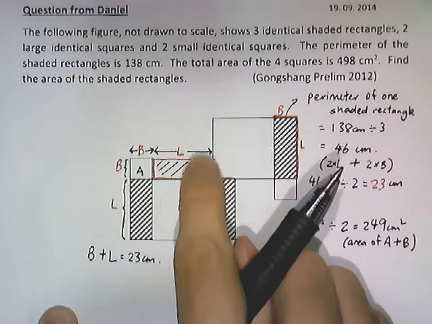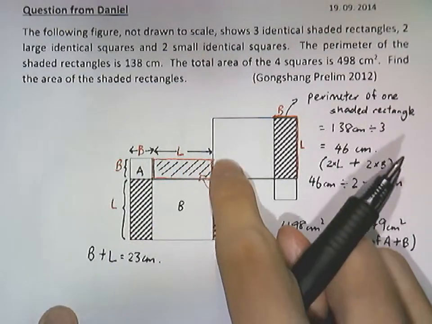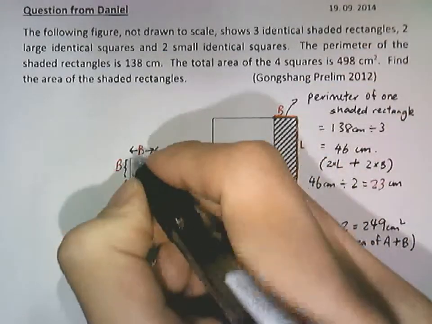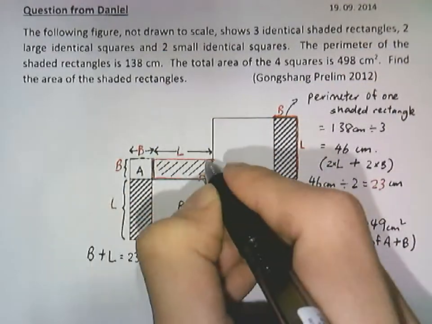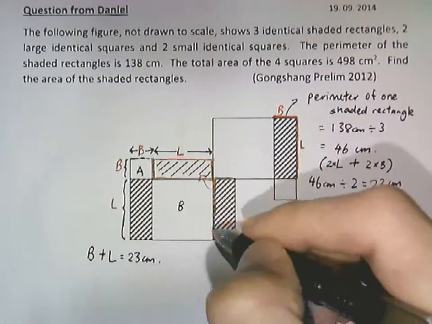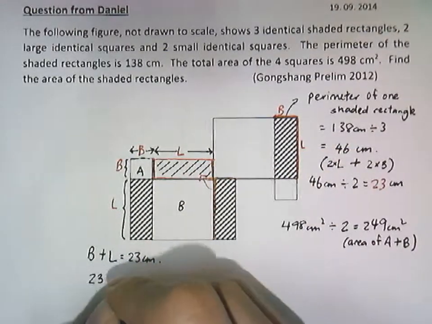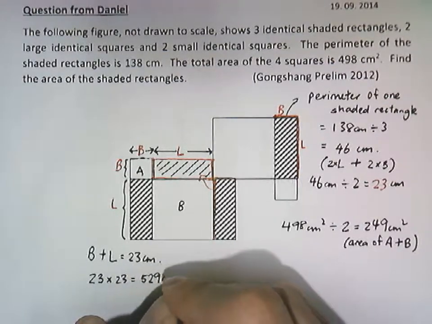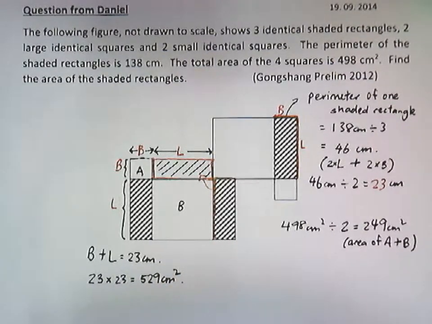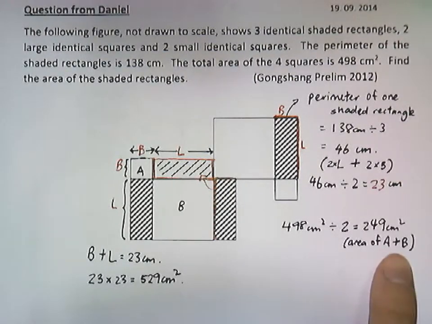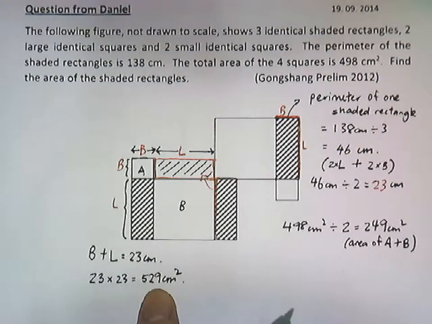Let's find the area of this square. The area of this square is B plus L times B plus L, so that's why it's a square also. That gives us an area of 529 cm square. We can use this to subtract off from here.